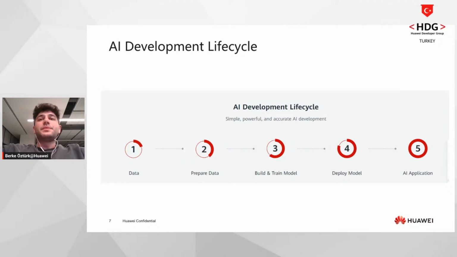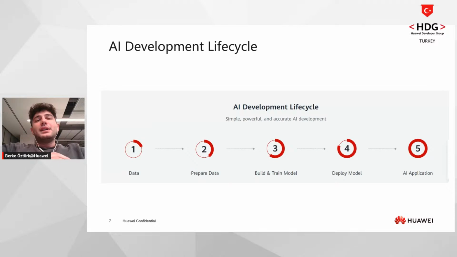After that, we are going to build and train the model. This is an important stage too, actually. All of the stages are important, actually. The most important one is the first one. In model creation and training, the model is created and trained. The model learns using the data and algorithms and has the ability to recognize data and make predictions.